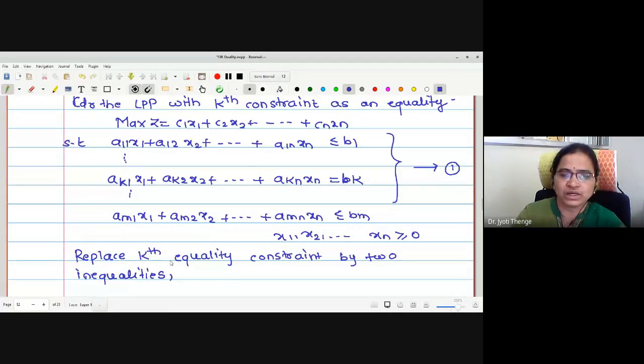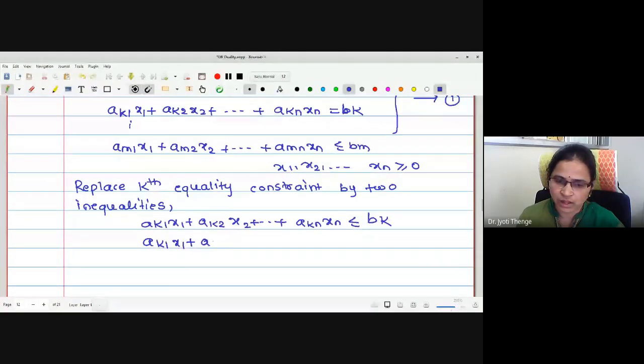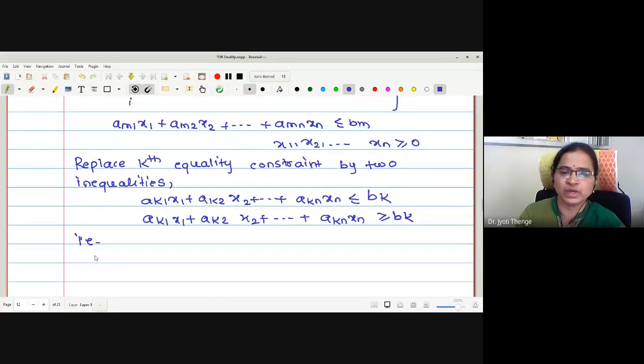What are the two inequalities? AK1 x1, AK2 x2 plus AKN xn. First I will write less than or equals to BK. Next AK1 x1, AK2 x2 plus AKN xn greater equal by BK. Now again we will convert both of them to be less equal.